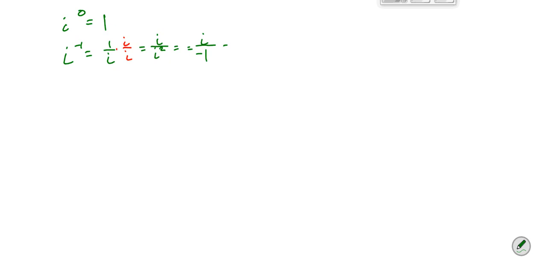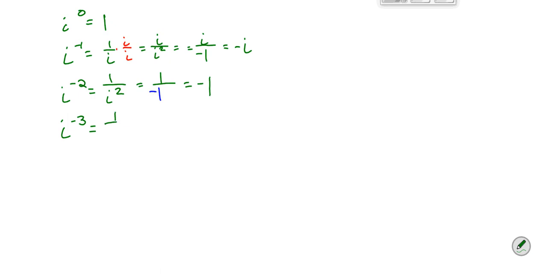And then i to the -2 is 1 over i squared. And I'll rationalize that by just putting what i squared is, and that's -1. So I'll get 1 over -1, and so then that's -1. i to the -3 is 1 over i to the third.